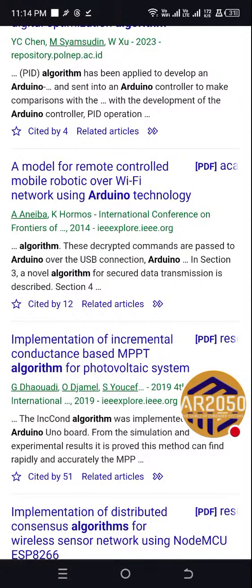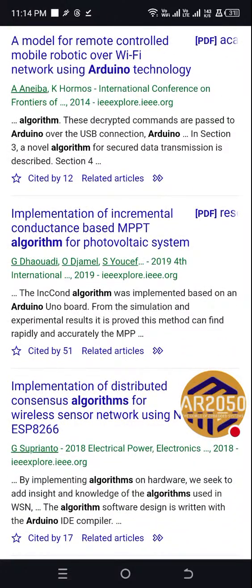A model for remote controlled mobile robot using Wi-Fi, implementation of incremental conductance based MPPT. The P&O and incremental conductance are some of the most popular and widely common algorithms for MPPT. There are a lot more advanced algorithms.